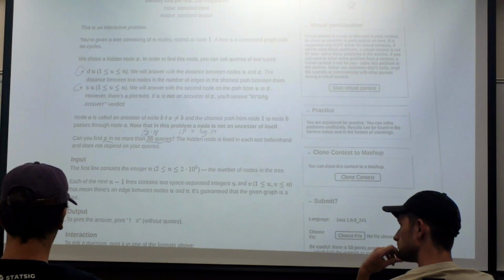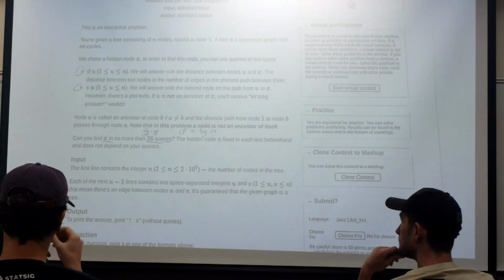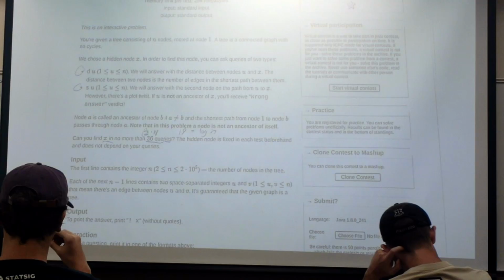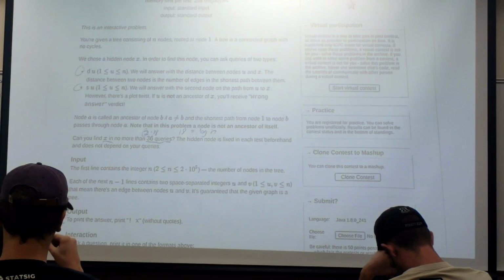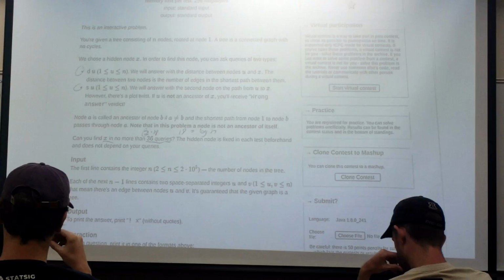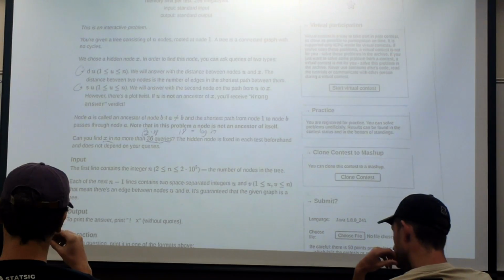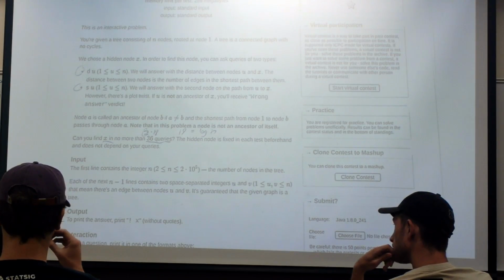Since we have access to the whole tree, I'm just spitballing, I don't know the solution, but can we pick a node that splits the other options in half, where the distance we get from that node tells us which side of the tree it's on? Yeah, so we need to split the tree in half. So what node is that?